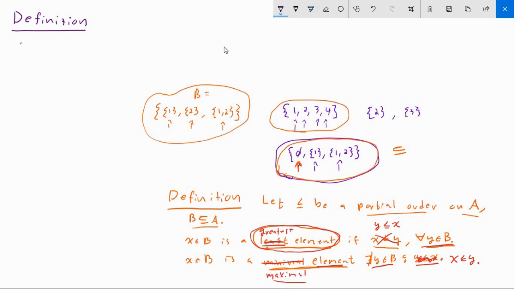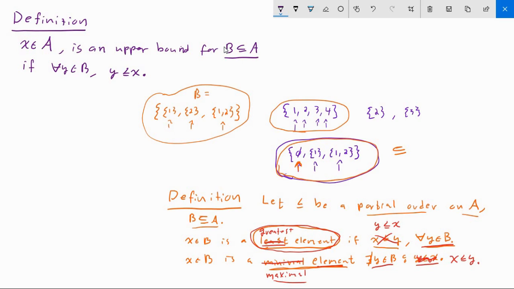We're going to say that an element x belonging to our set A is an upper bound for our subset B contained in A, if it's the case that for every element y in B, we have that y is less than or equal to x. Now again, this may look very much like the definition we just made of, say, a maximal element of B, but the difference here is that for a maximal element of B, we require that element to lie in B itself.